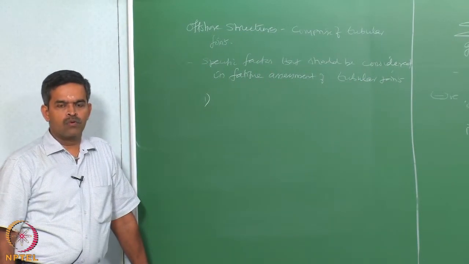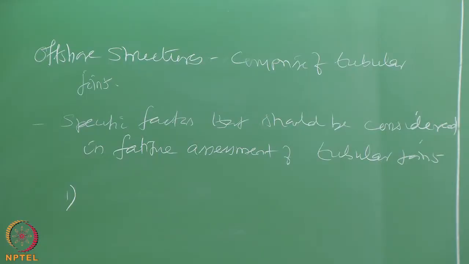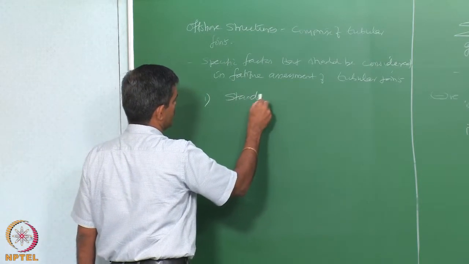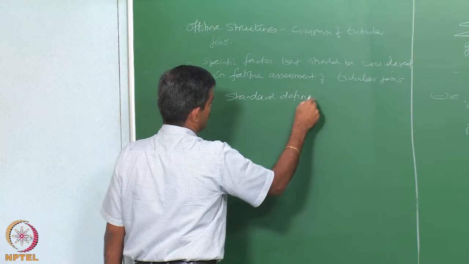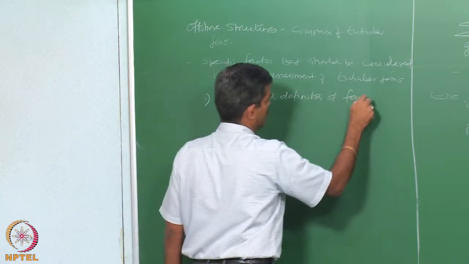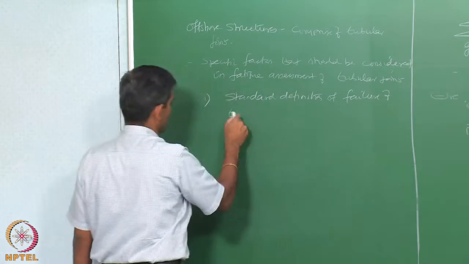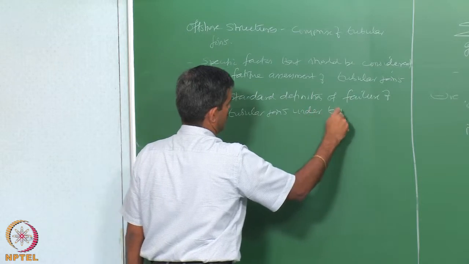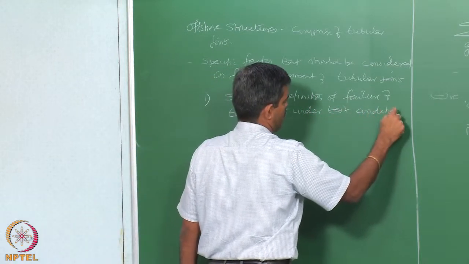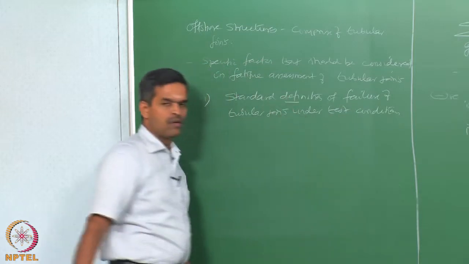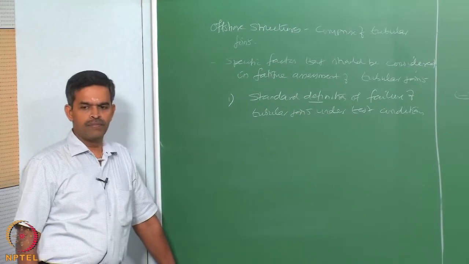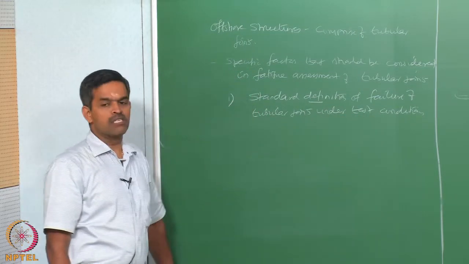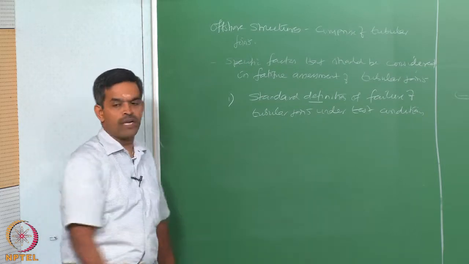One could be the standard definition of fatigue failure of tubular joints employed in the test. One has to actually define what is meant by a failure of a tubular joint, especially during test conditions, because tubular joints essentially fail in many different ways, which we will explain later as a case study.